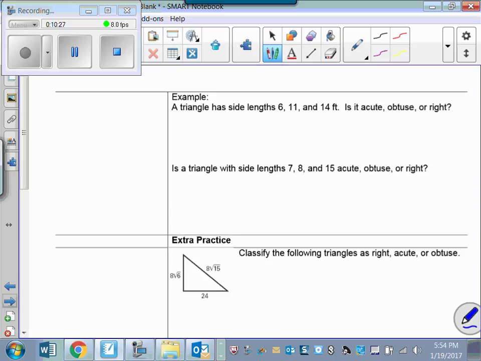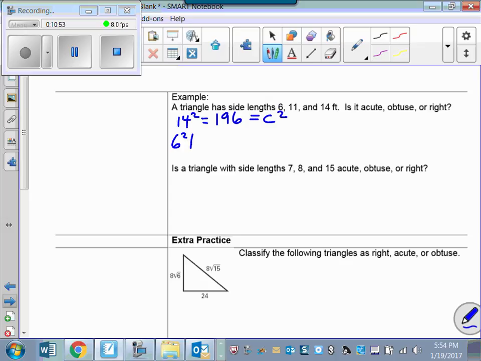Okay, some examples. A triangle has side lengths of 6, 11, and 14 feet. Is it acute, obtuse, or right? Well, the longest side is 14 feet, so let's figure out what 14 squared is. 14 squared is going to be 196, and that's c squared. All right, and then let's do a squared plus b squared.